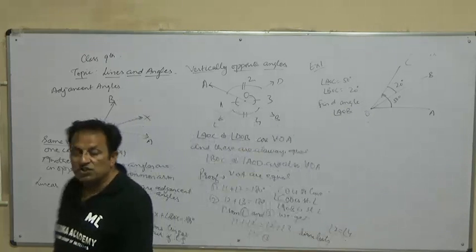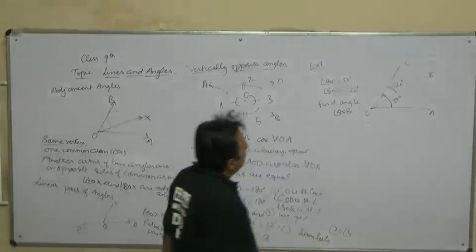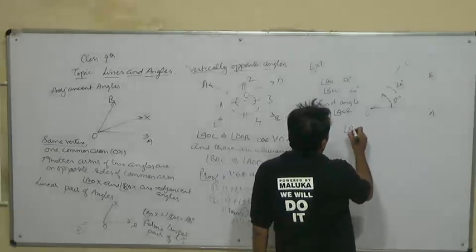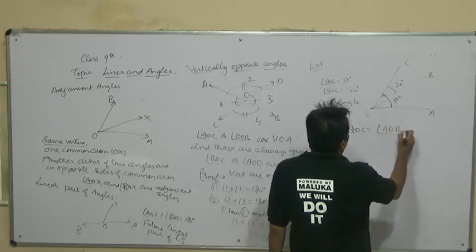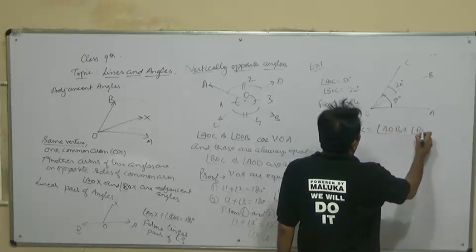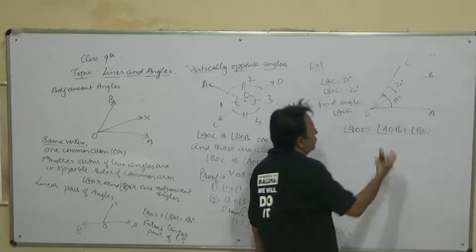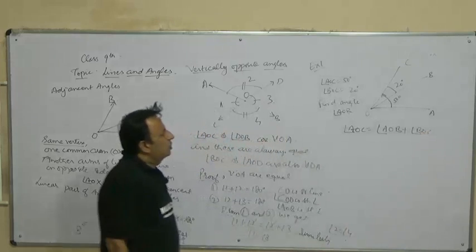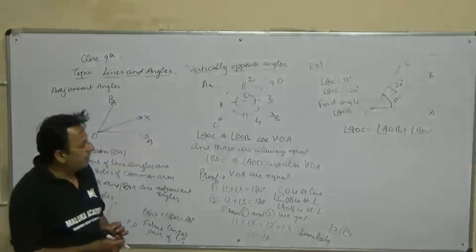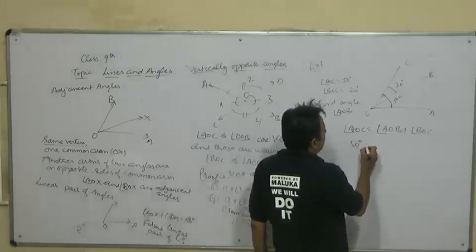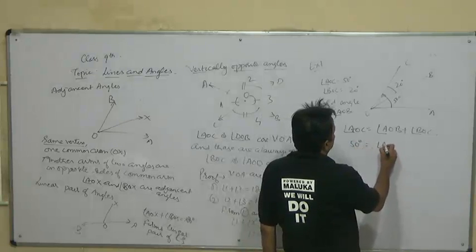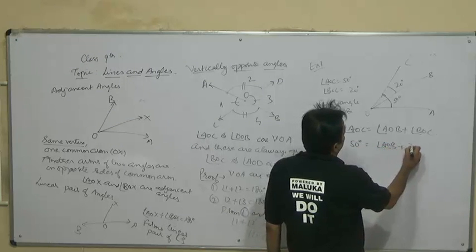From the figure it is very clear that angle AOC is equal to angle AOB plus angle BOC. These two are adjacent angles, so the sum will be equal to 50 degrees, AOC. So put the values. AOC is 50 degrees, AOB we have to find, and BOC is 20 degrees.